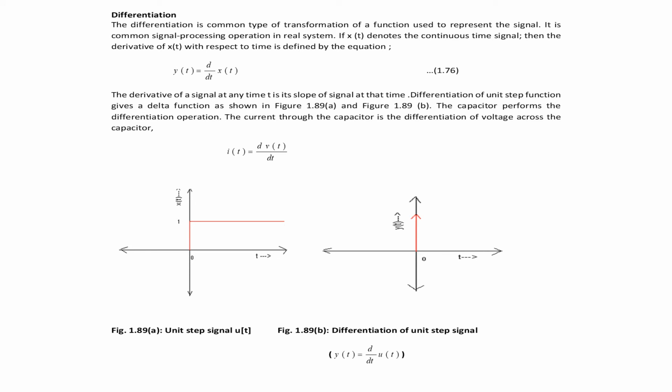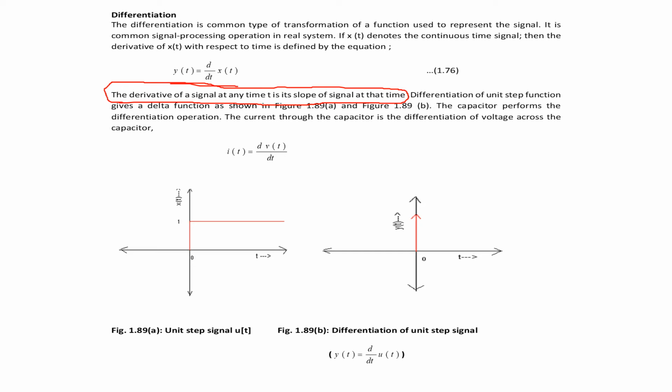Differentiation means just taking the derivative of the given signal, that is y of t equal to d by dt of x of t. The derivative of the signal at any time t is nothing but the slope of that signal at that time. This is the important physical meaning of the derivative. Here a unit step signal u of t is given to you.